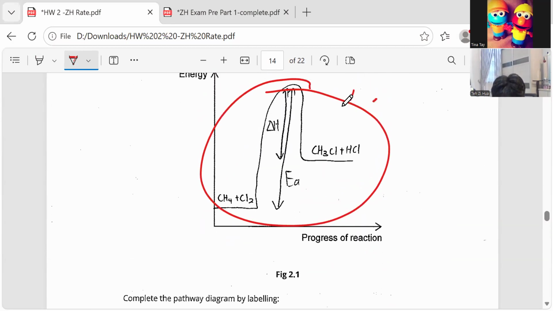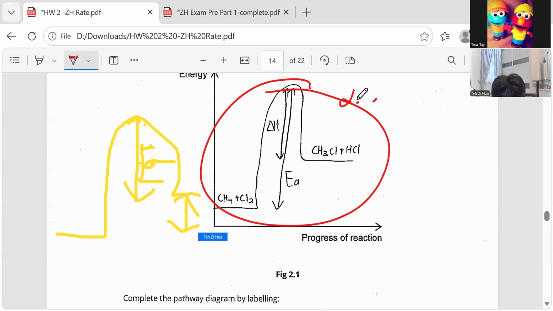Can you draw again and show me? Draw now and show me. I want to see whether you understand. Draw and then send to me.